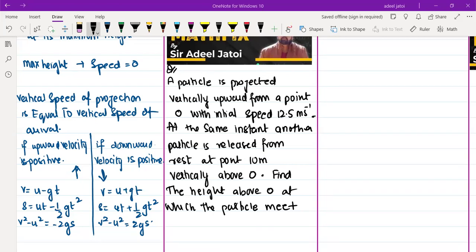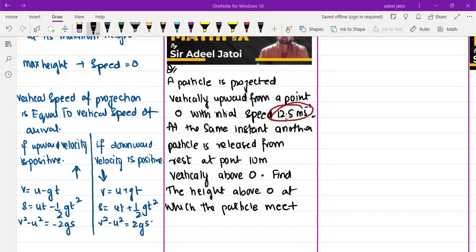Okay, so here's the example question. A particle is projected vertically upward from point O with an initial speed of 12.5.